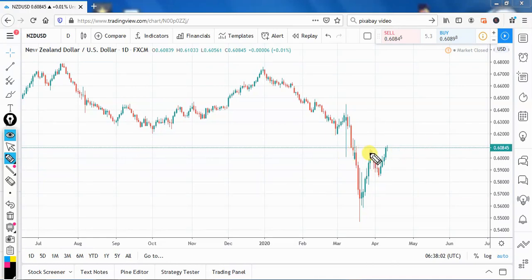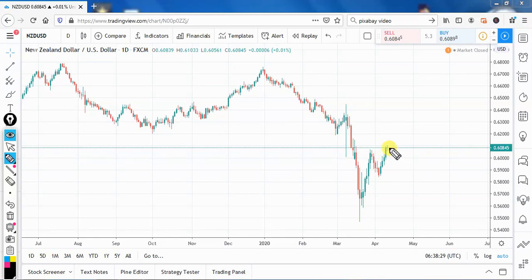For now, I'm waiting for the price to retrace down to this zone here, where we have these highs, and also this open and close. I do not want to see any strength towards the short side, so I don't want to see any strong candle like this which demonstrates strength towards the downside.